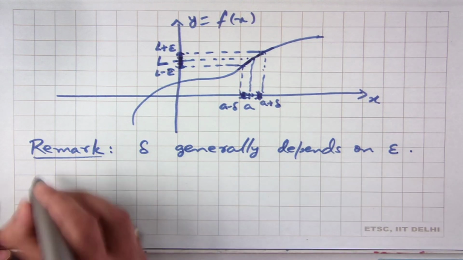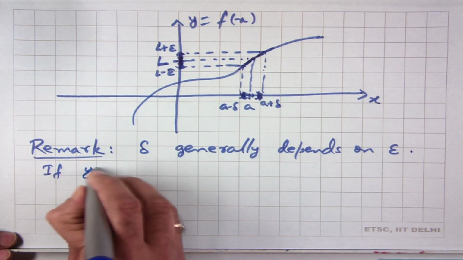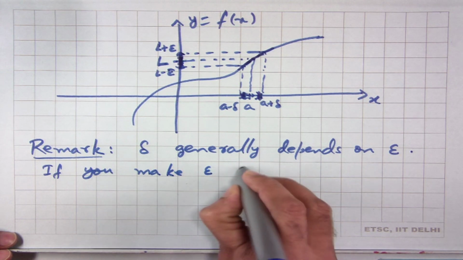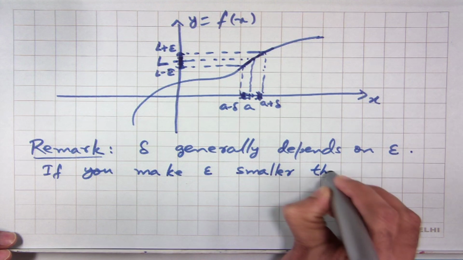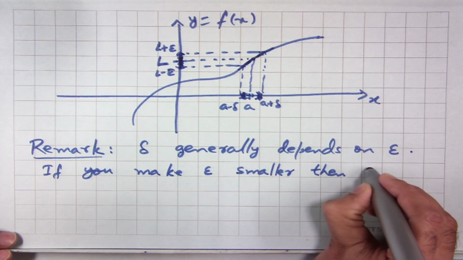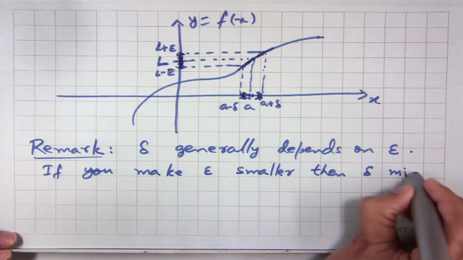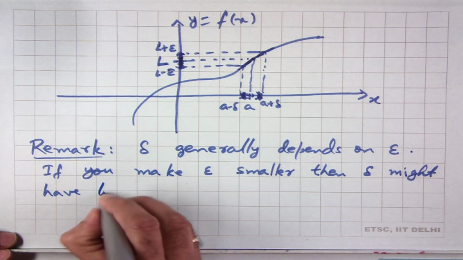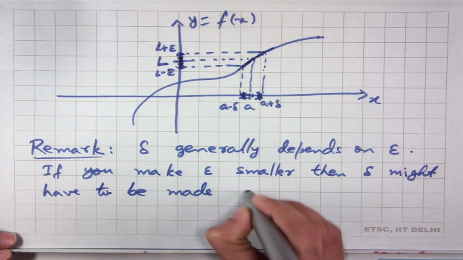So, if you make epsilon smaller, then delta might have to be made smaller.